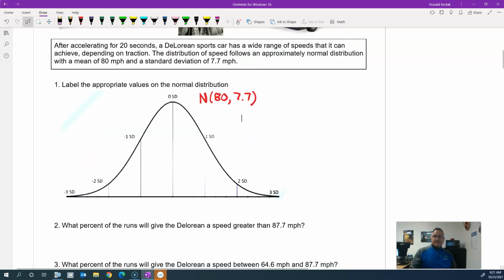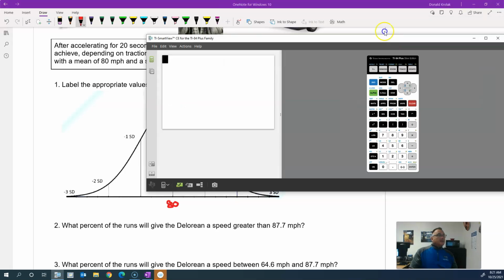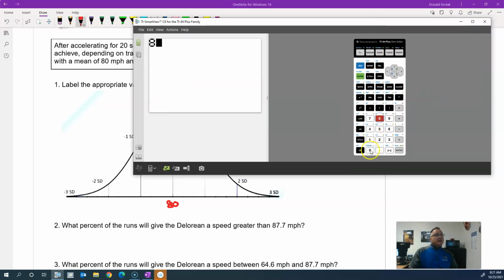Okay, and then we can fill in the numbers on this chart. This is going to be 80. And then one standard deviation above it, it's going to be 80 plus 7.7, which is 87.7.